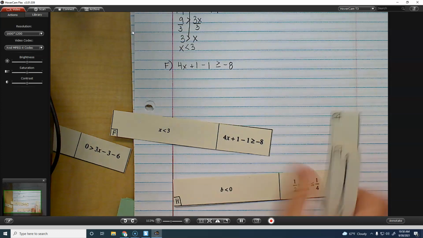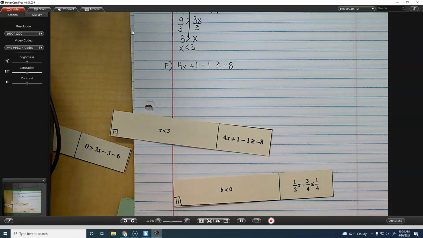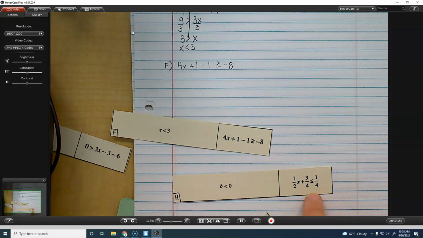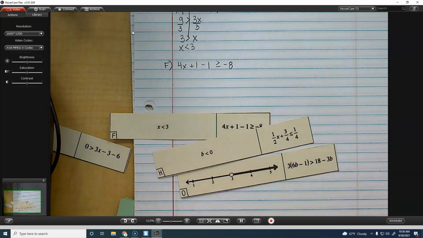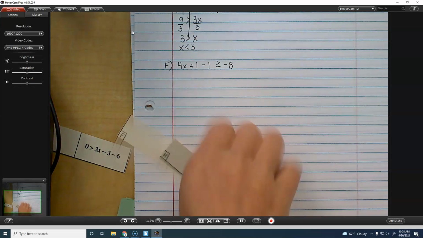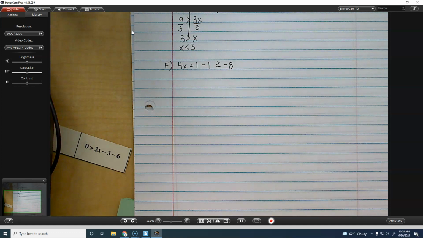So let's say it's H. I don't think it is, but if it was H, then I would work out this problem. And then when I get the answer to that, maybe it's D, and then I would work out that problem. So I know what order they are supposed to go in, so I can check you really quickly based on whether or not you got the right order. Okay? Does that make sense?